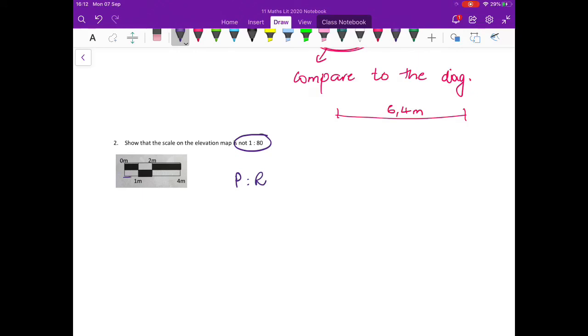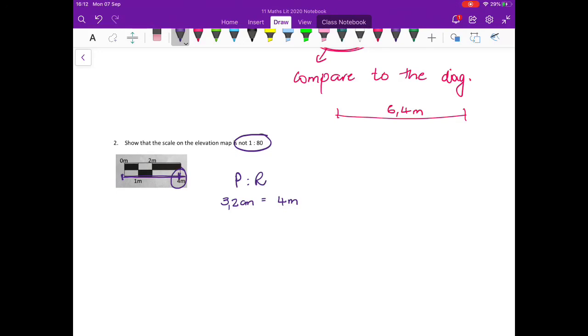When I go and measure this in my book, I will find that it measures 3,2 centimeters. You have to be accurate to the nearest millimeter. On this diagram, we can see that that entire length is equal to 4 meters.